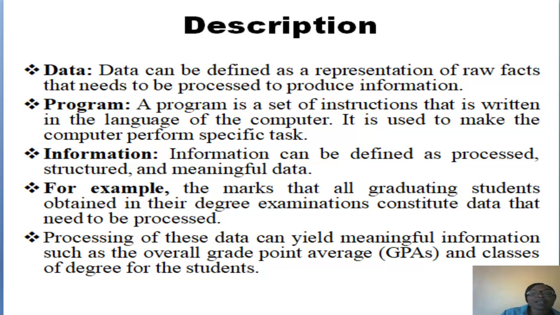Maybe you are on first class or 2-2 or 2-1. So processing of this data can yield meaningful information such as the overall grade point average, that's the GPA. Until all your results are processed, that is when you can know your GPA.